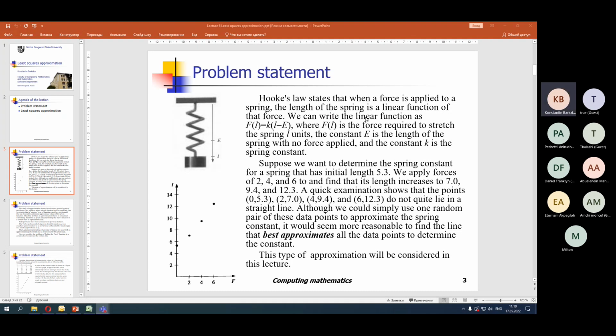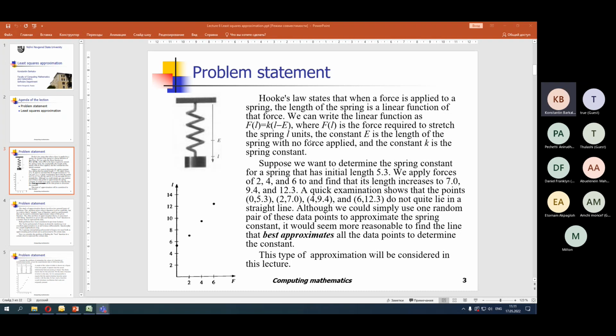So we can write the linear function F of L equals k times L minus E, where F of L is the force required to stretch the spring L units, E is the length of the spring with no force applied, and k is some constant.